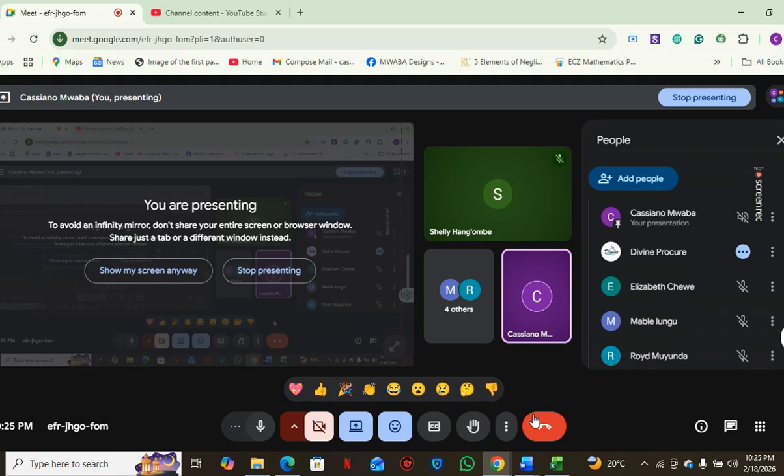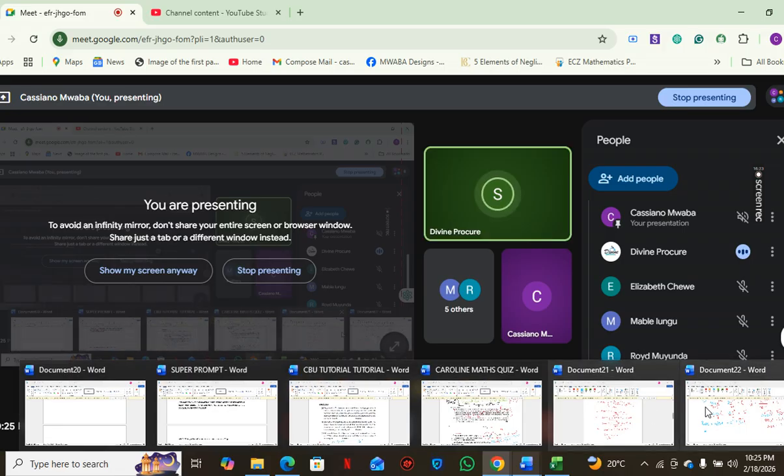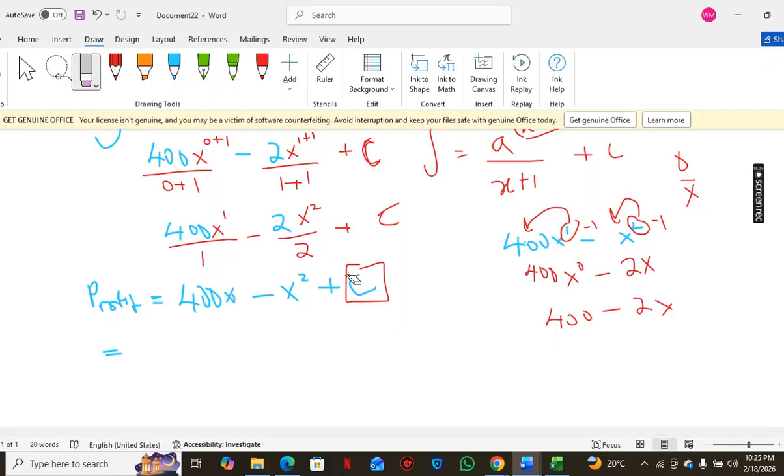The profit is zero. There's no profit. So at break even, this profit function equals 0.